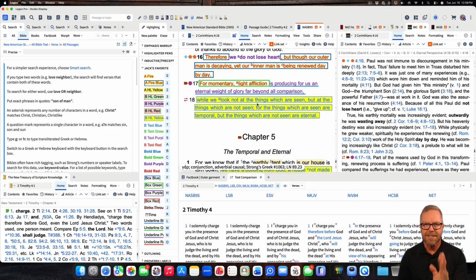Try to derive a syntactical outline, an outline that submits to the text, comes from the text. Once you get your outline, main things to the left, the things talking about them to the right.